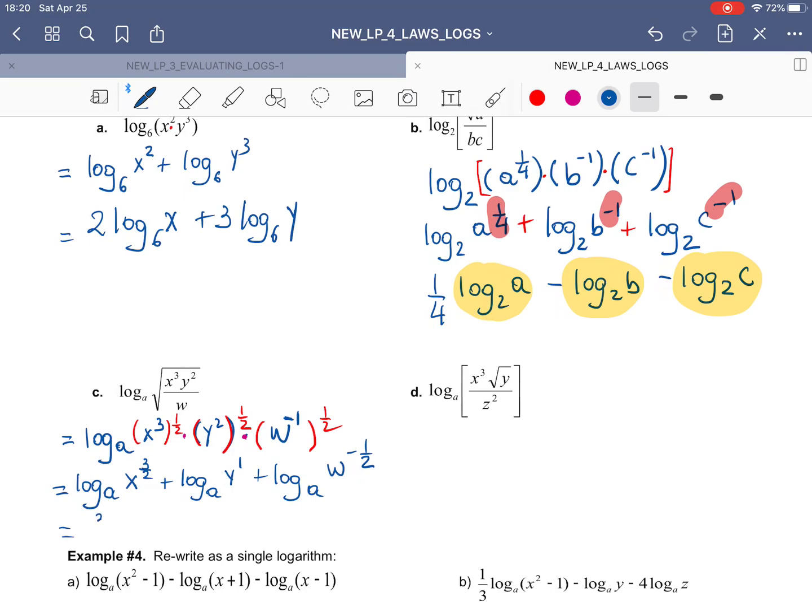So that would be 3 over 2 log a x plus 1 log a y minus half log a w. Okay.